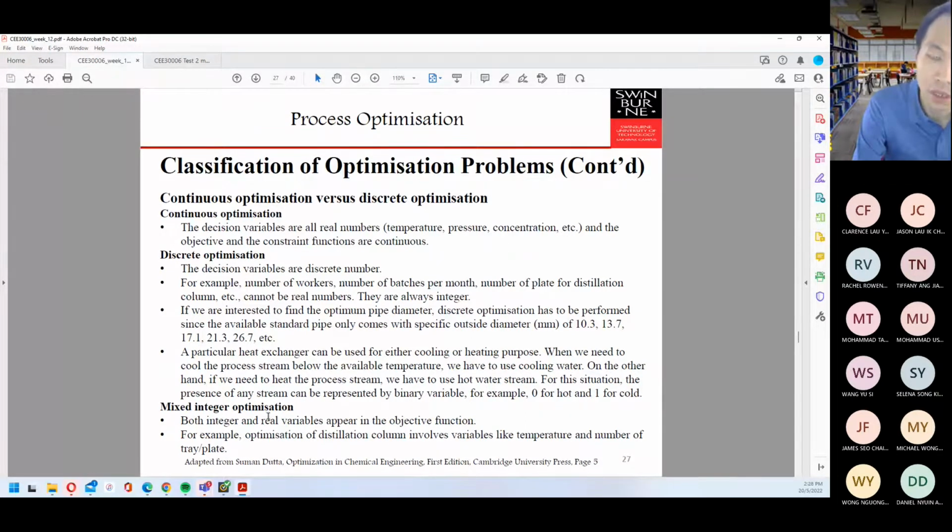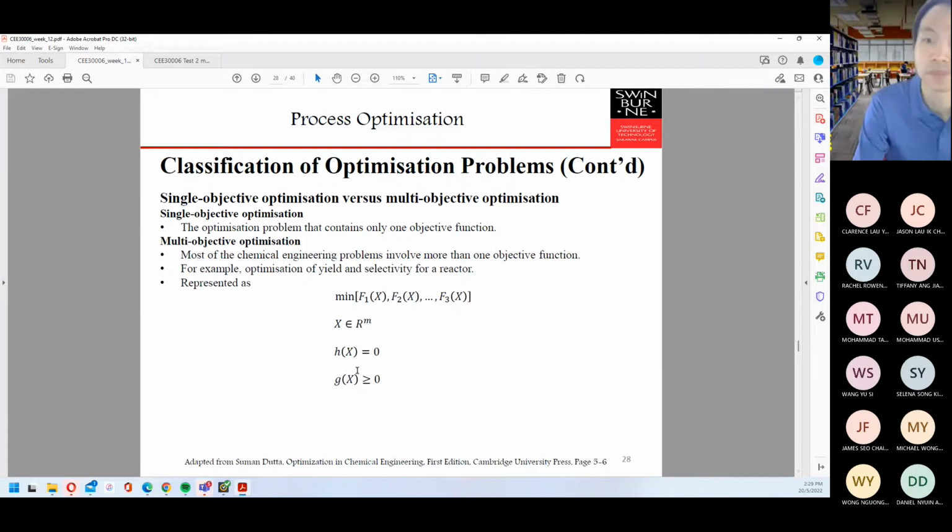This can be represented, for example, by the optimization of a distillation column, which involves variables such as temperature, which is continuous, and the number of trays or plates. The number of trays or plates can only be discrete: 1, 2, 3, 4, 5. It cannot be a variable like 1.1, 1.2, 1.3, 1.5, right?